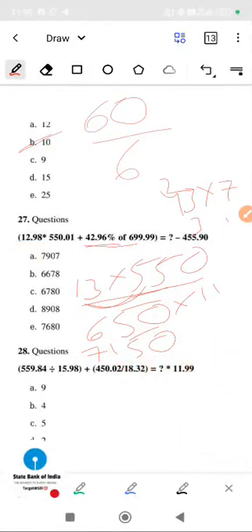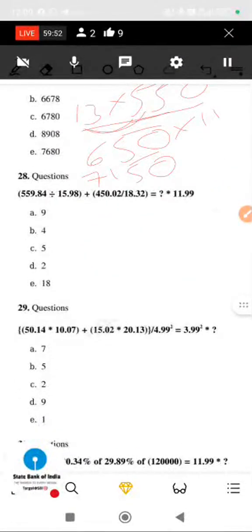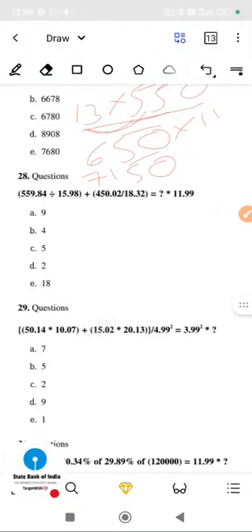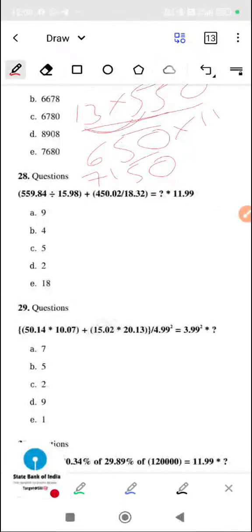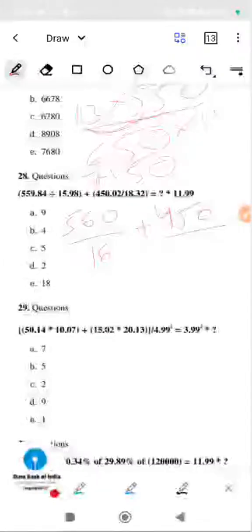Let's see the next question, which is the 28th question. Here we see 559.84. Instead of this one, we write this as 560 divided by 16, plus 450 divided by 18.